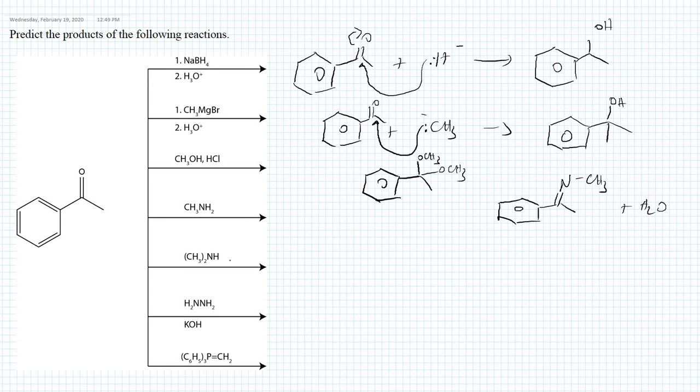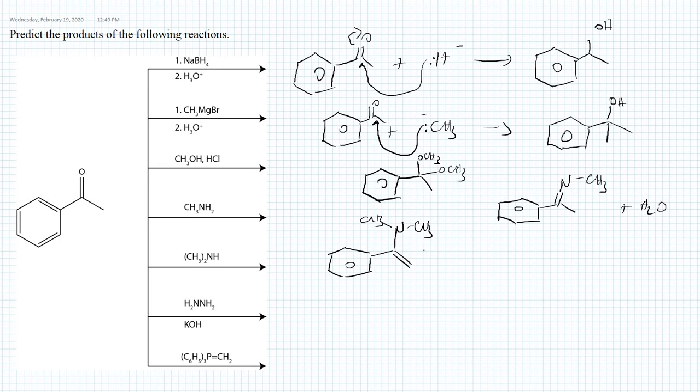Let's look at the next one. The next one is similar to the previous one, but instead of a primary amine, we have here a secondary amine. What's the unique thing about secondary amines? Instead of imines, we will form another molecule, let's say CH3.